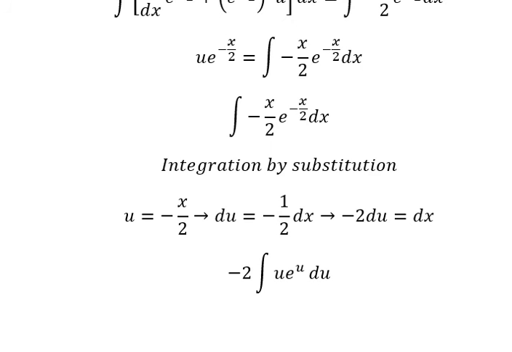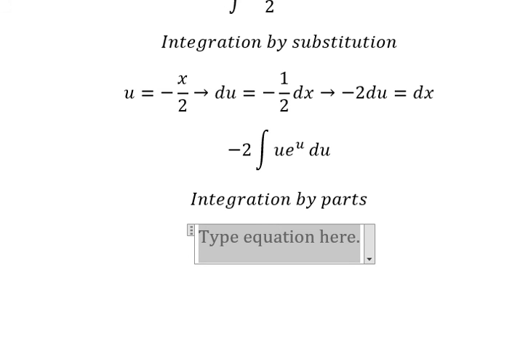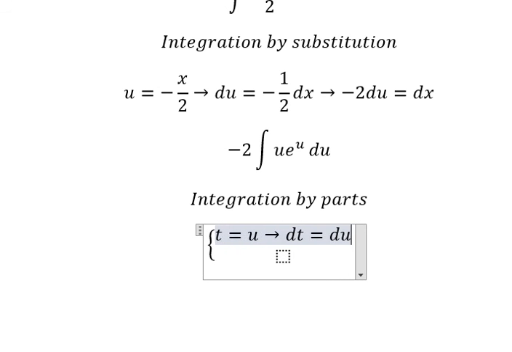Now we can use integration by parts. So I will put t equals u, dt equals du, dv we have e to the power of u.